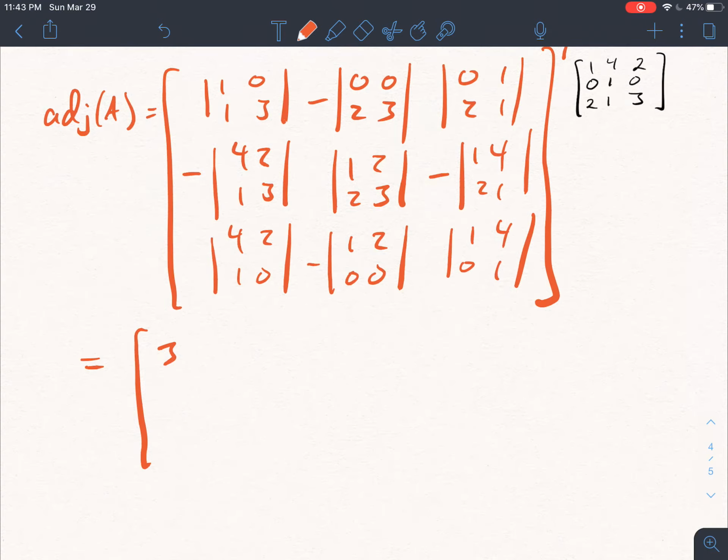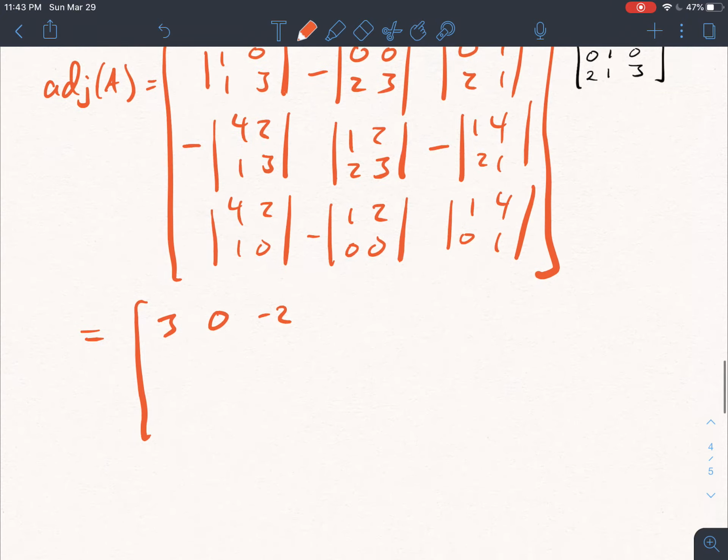So the first determinant is 3 minus 0. The 2, 1 entry will be 0. The next one will be 0 minus 2. The next entry will be 12 minus 2, which is 10, except I make it negative. The next entry is 3 minus 4, which is negative 1.